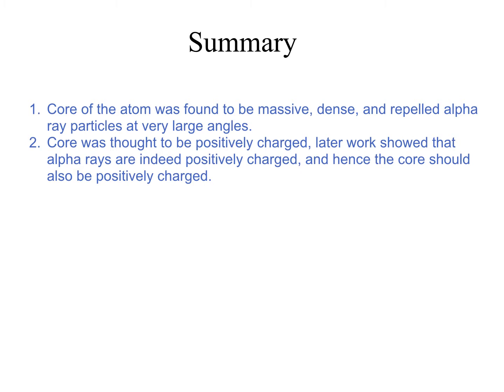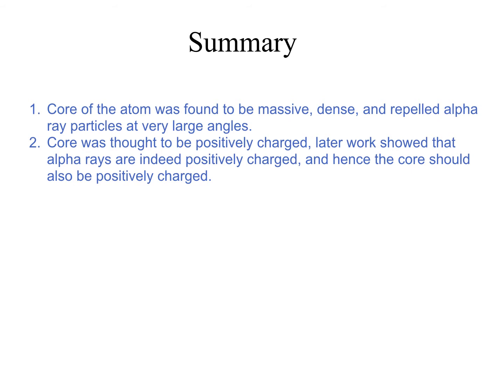So the core was thought to be positively charged, and this was later shown to be correct, because later alpha rays were found to be positively charged. Just like cathode rays and anode rays, the alpha rays were also examined, their e over m ratio determined, and so then it was known that they are positively charged, and therefore in the alpha ray experiment, the nucleus must also be positively charged in order to repel the alpha rays.